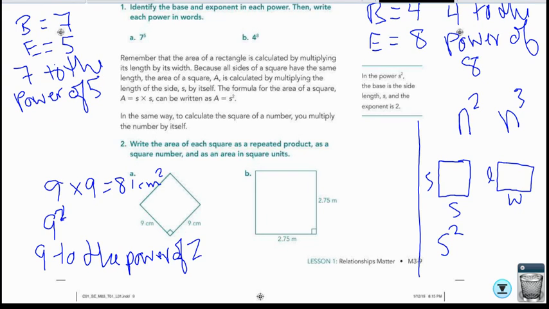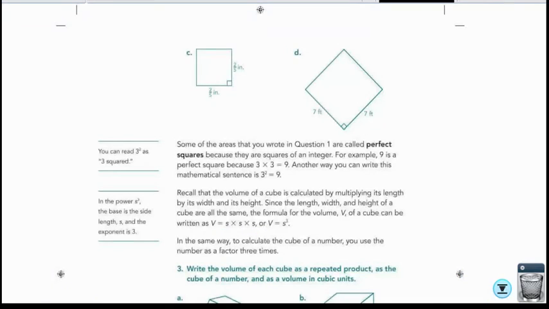On B, we would have 2.75 times 2.75. Or I could say that this is 2.75 squared because I multiplied it twice. And remember that this is going to be meters squared because we're in 2 dimensions. If you go to C, C says that we have 2/5 times 2/5, which would be equal to 2 times 2 is 4.